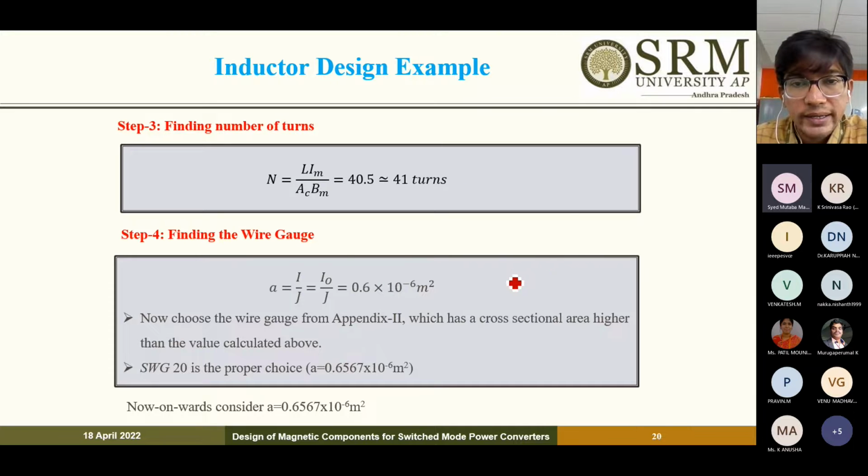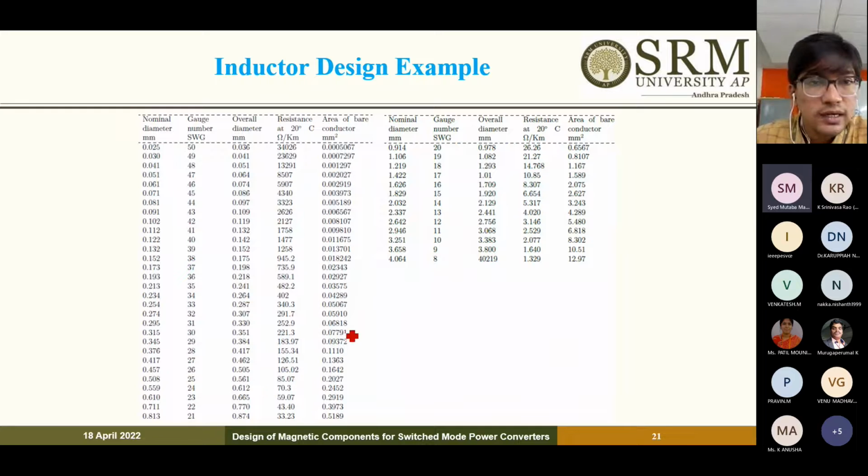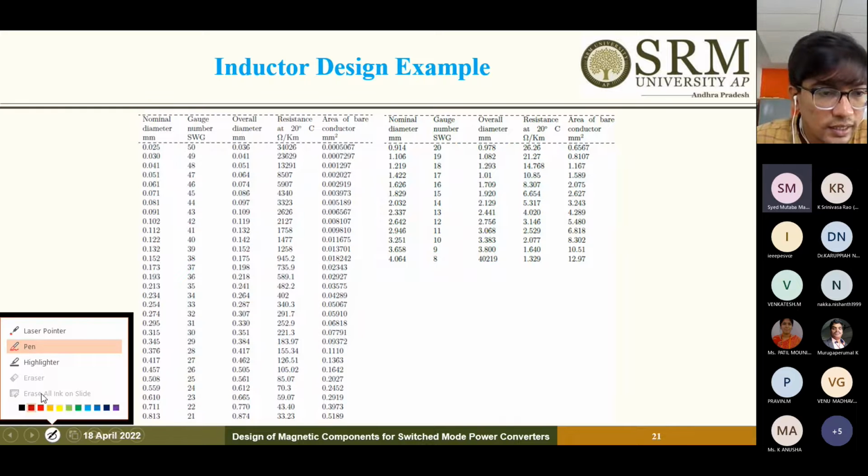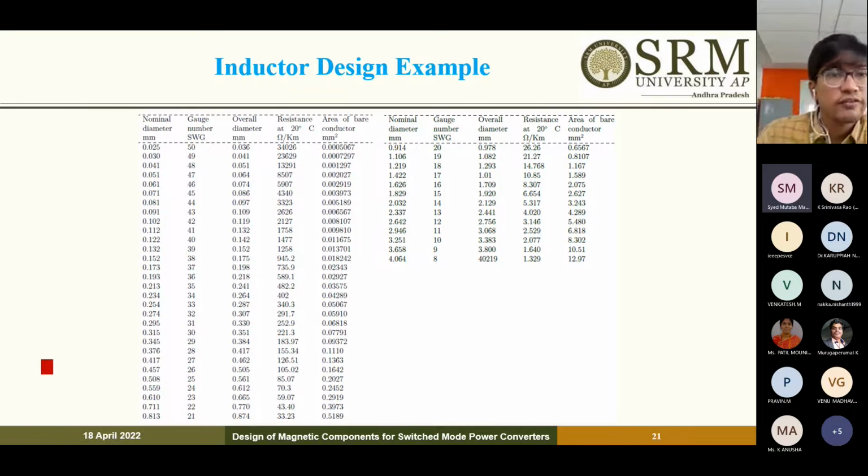Now go back to appendix 2. You can see from this appendix, they have mentioned the area of cross section for the different gauge wires. This is SWG, standard gauge wire, from 50 to 8.